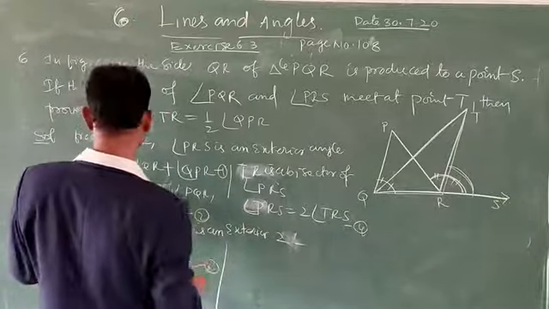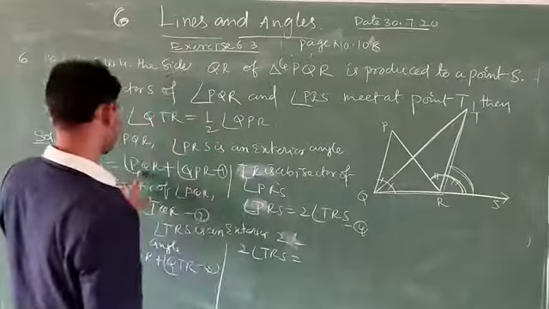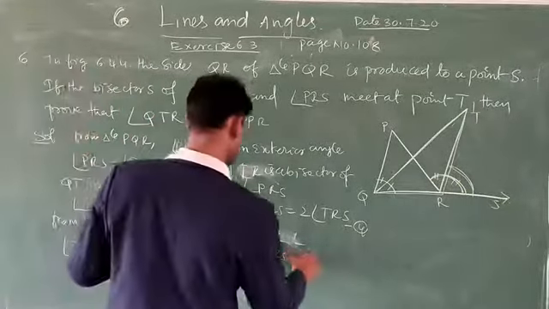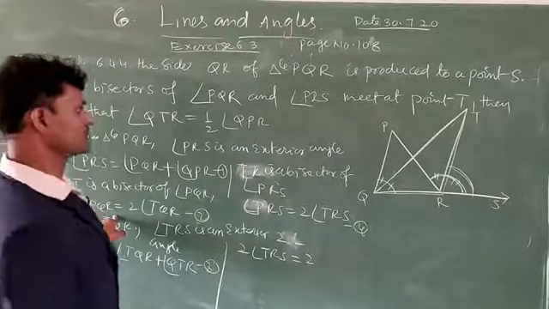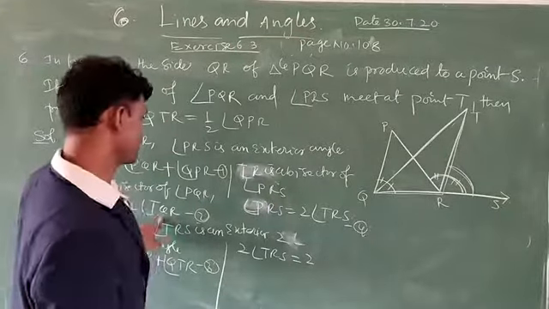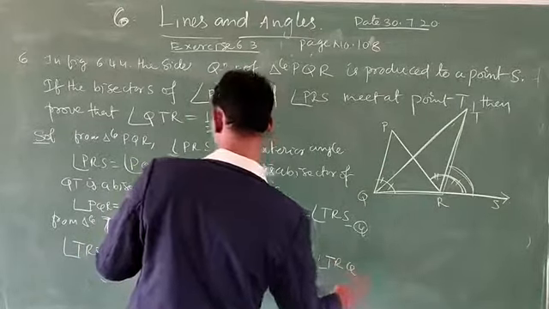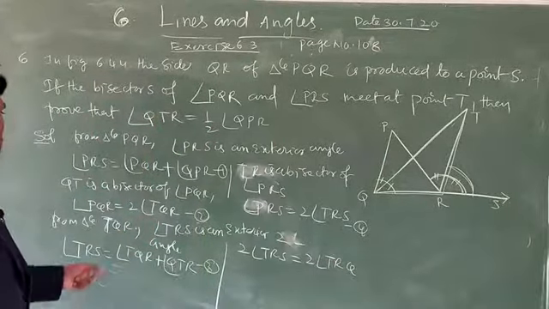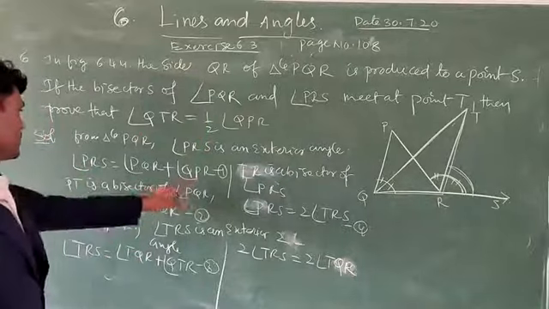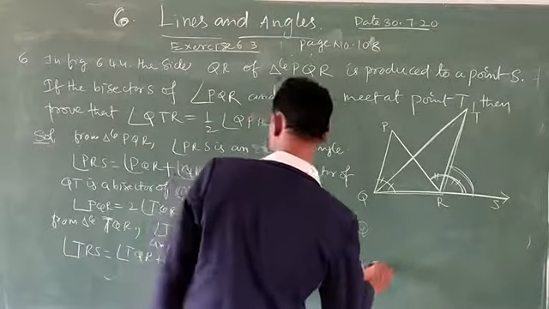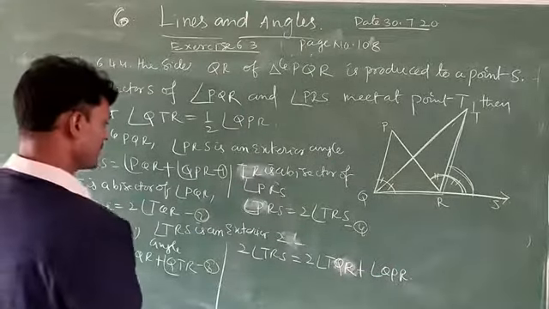Now PRS, instead of that you can write 2 times angle TRS, and angle PQR instead of that 2 times angle TQR. Next, angle QPR you can write as angle QPR.